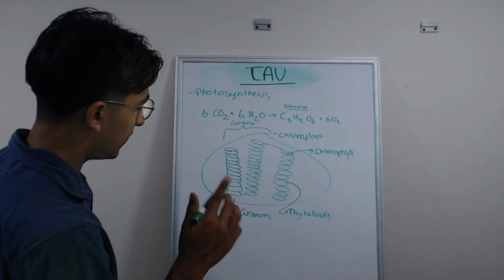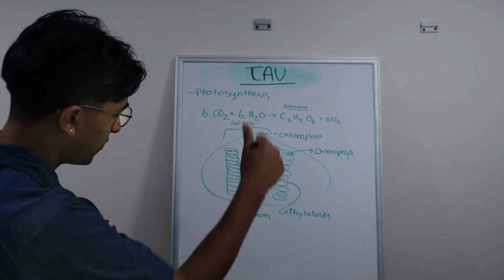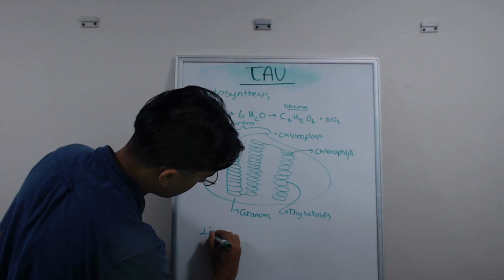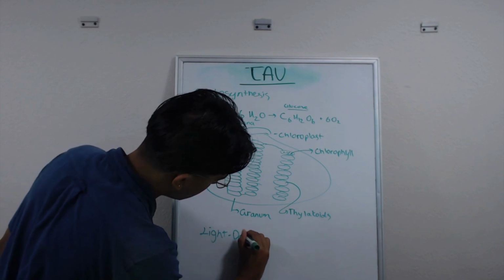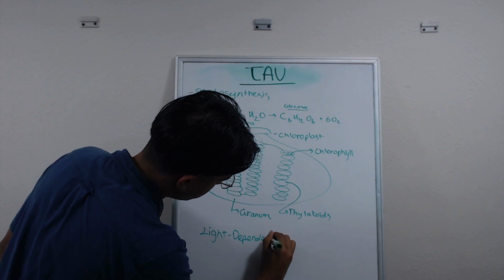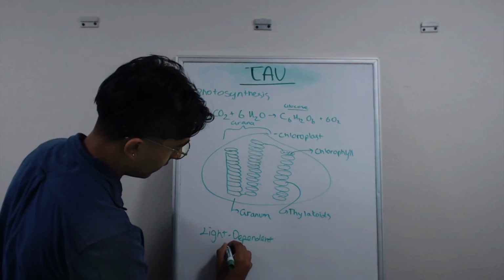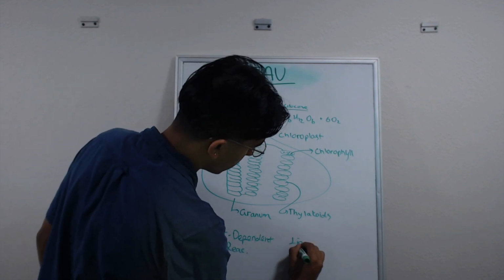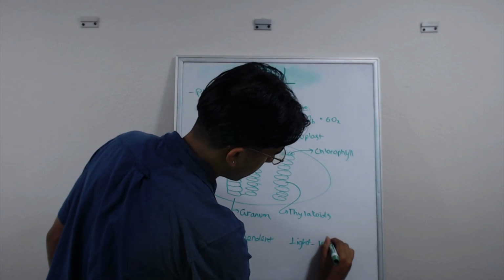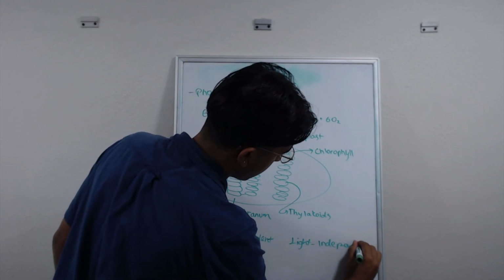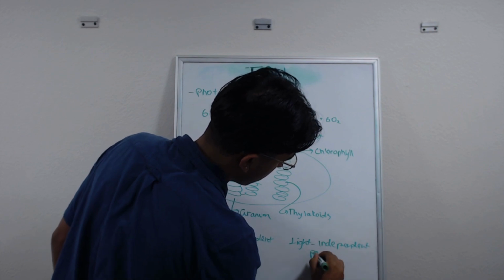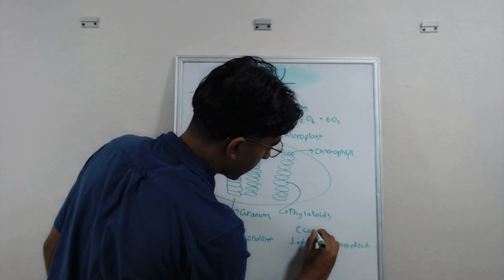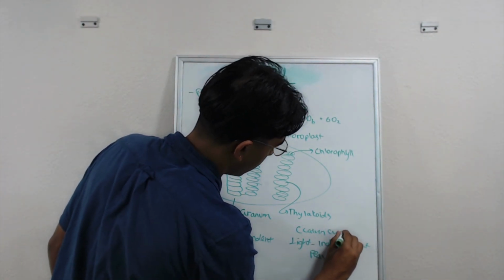Now, let's talk about photosynthesis. There are two main reactions that are needed. They are the light dependent reactions and the light independent reactions, and these are also called the Calvin cycle.